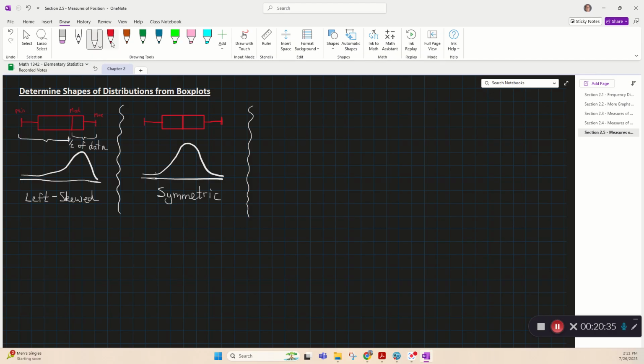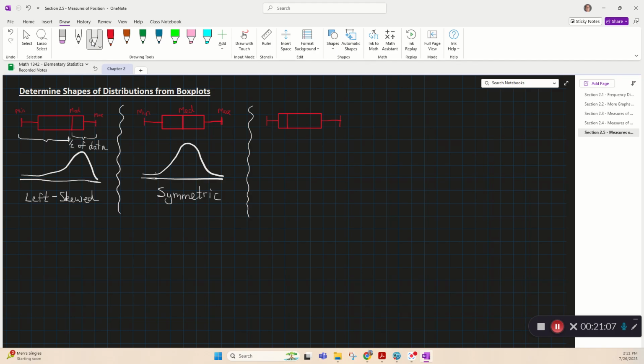And then, last but not least, I guess I could label these like I did the other: min, median, max. Let's say I have a box plot that's going to look like this.